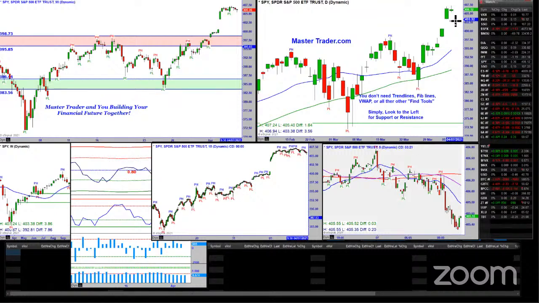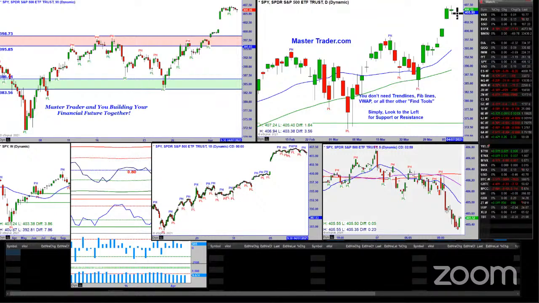So it needs to do, call it back and fill, call it create support. It needs to develop a pattern that says demand is strong enough to hold and create a new support level up above where there is no support. Well, there's nothing there.